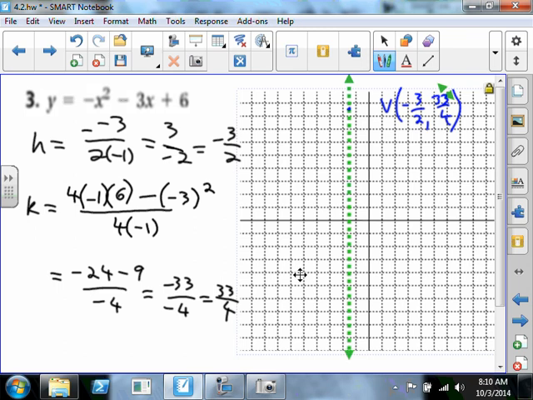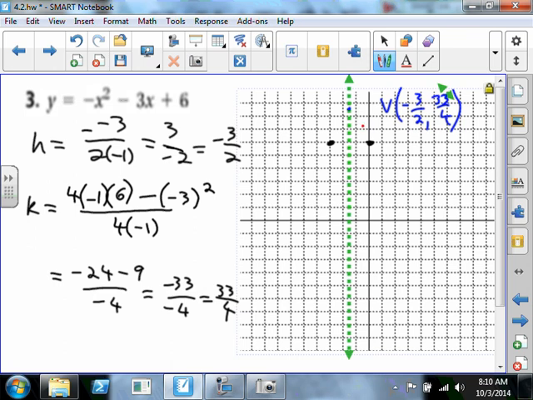So another point we go through is (0, 6). If you wanted an additional point or two from the vertex, we would go over 1 and up or down how much? Whatever a is. Since a is negative 1, we go over 1 and down 1 from the vertex.